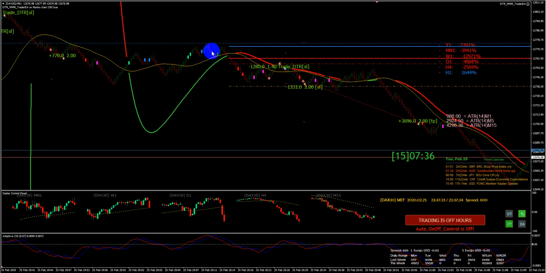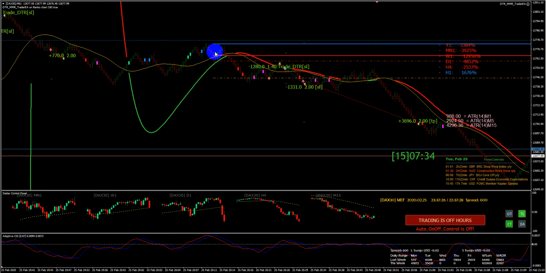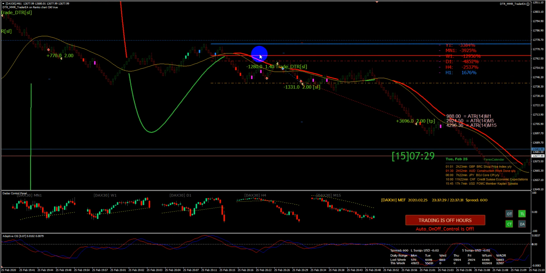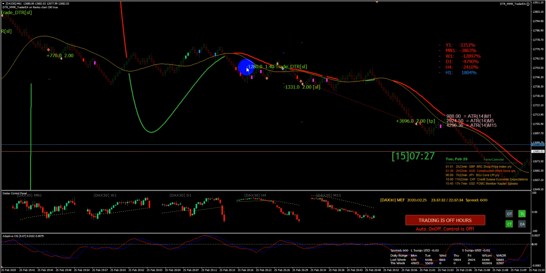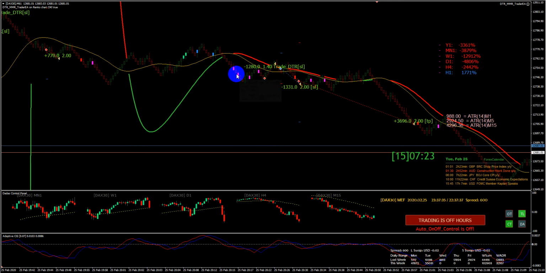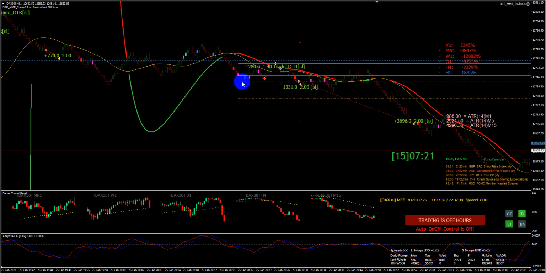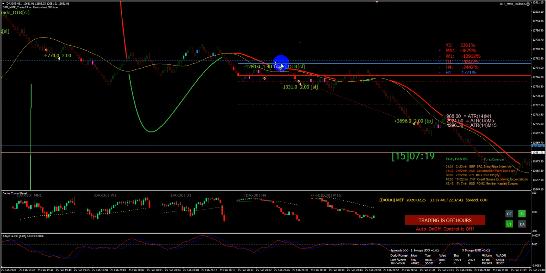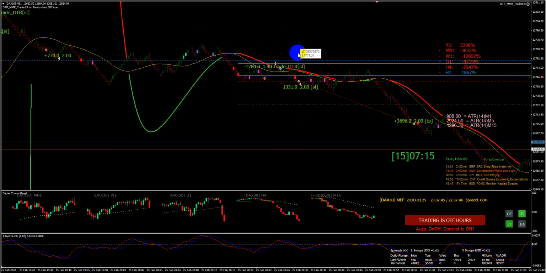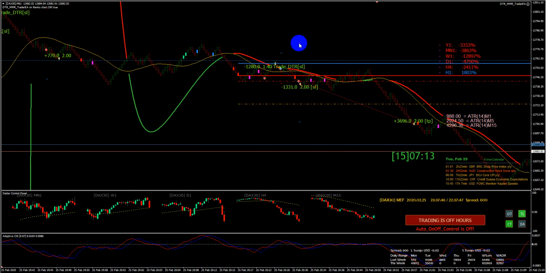So basically, I got my new signals, but I didn't move the stop loss. This was alright to trade, but the stop loss should have been up there. So it should have been like on this trade right here.